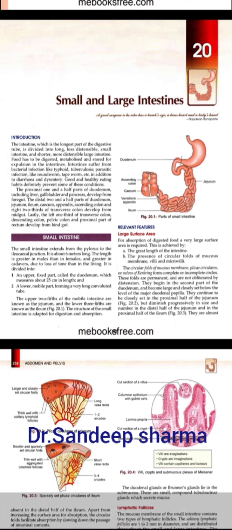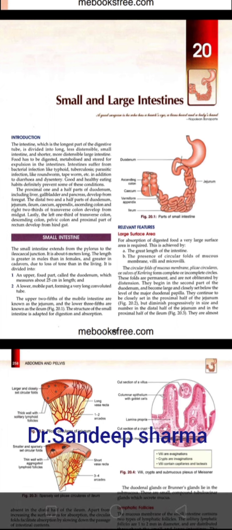So what is the small intestine? From where does it extend and up to what point? The small intestine extends from the pylorus to the ileocecal junction. It starts from the pylorus of the stomach.